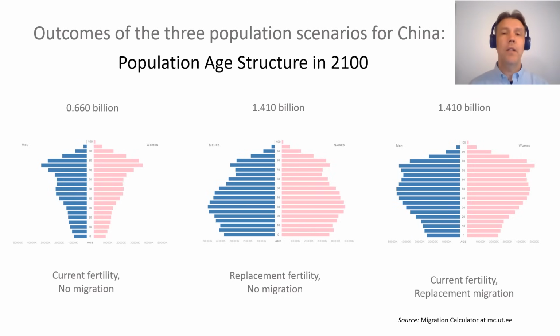In the migration scenario, the number of children is relatively smaller and the population is still aging very rapidly, while only the fertility scenario helps to keep down the rapid aging of the Chinese population.